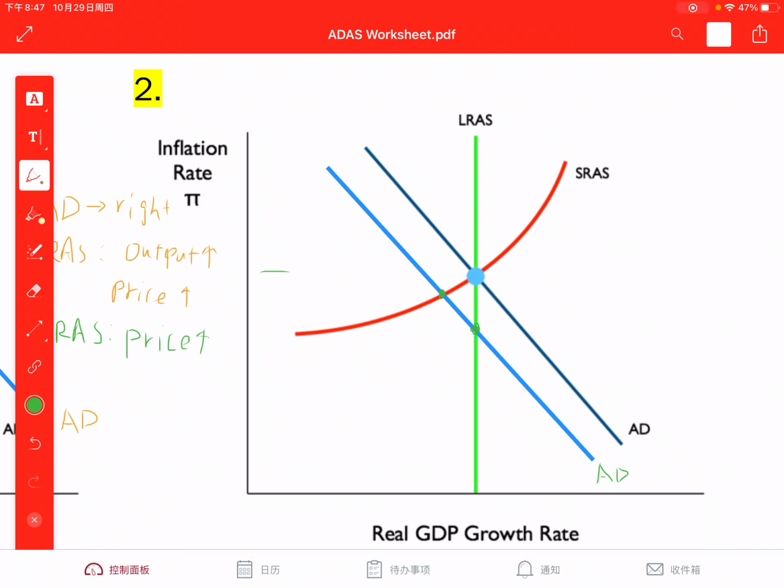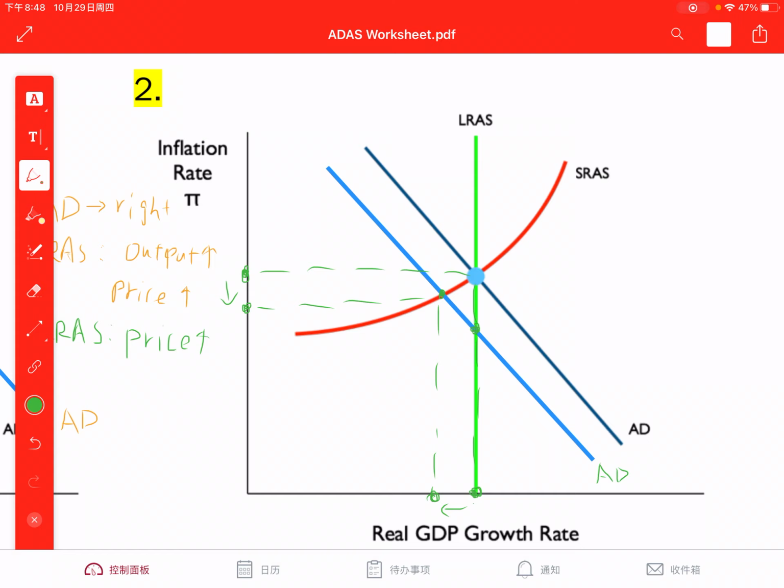So in the past, the price and output were over here and here, but now it changes. In the short run, the output is going to be less and the price is going to be lower. With this happening, let's think about the same situation when we are selling pizza.